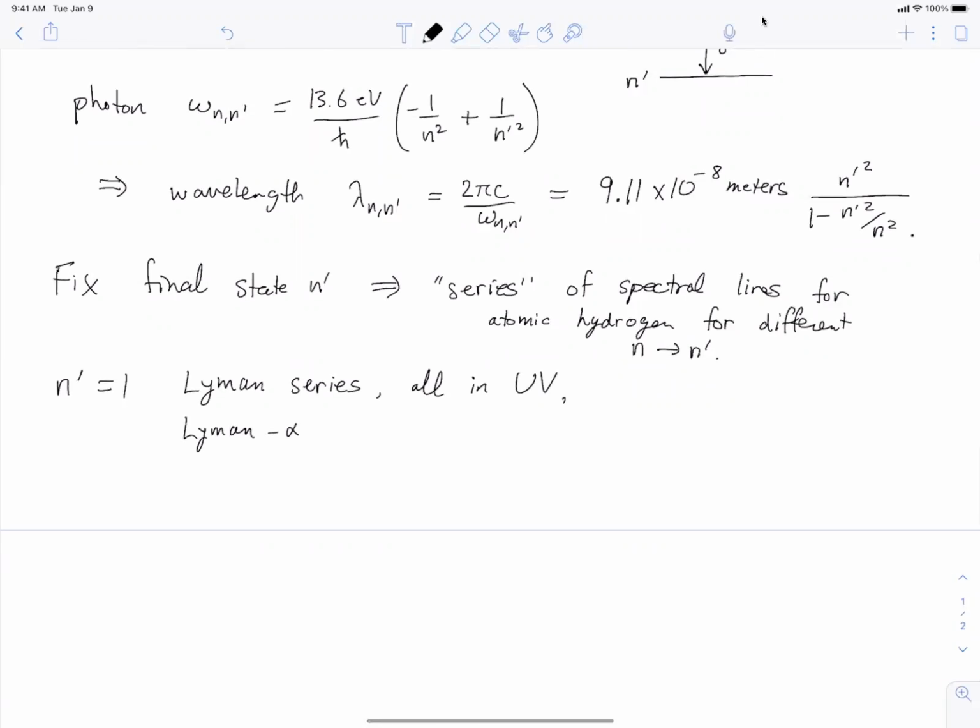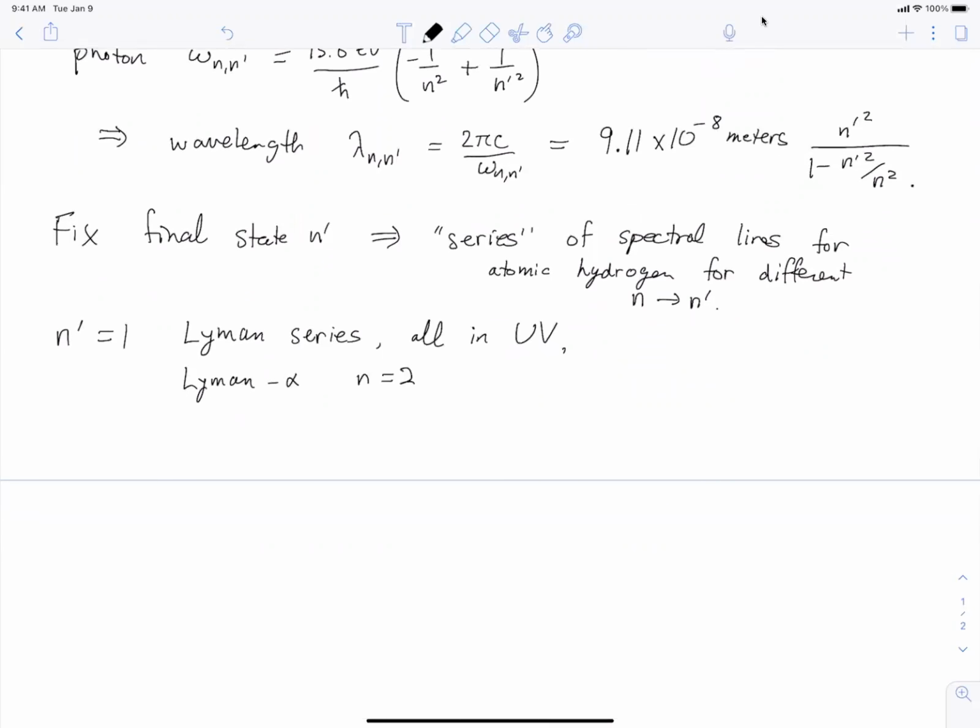The Lyman alpha line is what you get from the n equals 2 transition to n equals 1. It's very common in the universe, and you can do a lot of astronomy with that ultraviolet line. There's the Lyman beta line, which is n equals 3 to n prime equals 1. You keep going, and then eventually you reach the Lyman limit.